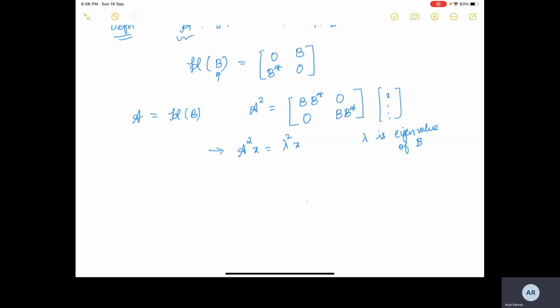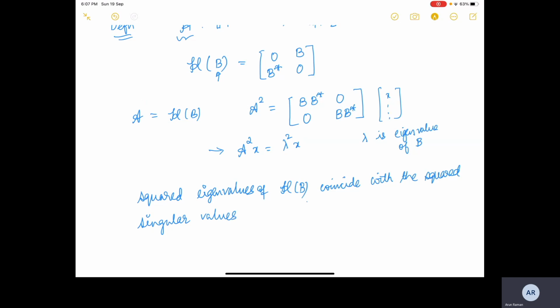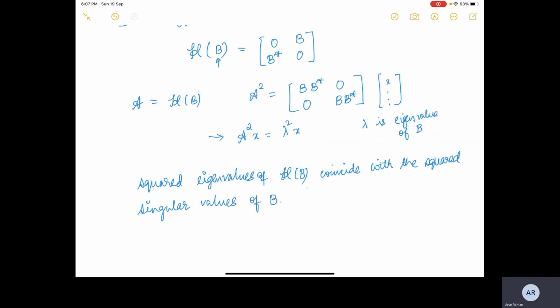So the main result here is that the squared eigenvalues of the dilation H of B coincide with the squared singular values of B. The analysis that I did earlier, multiplying by x and seeing what we get, is not quite how that should be done, so it was not technically correct.